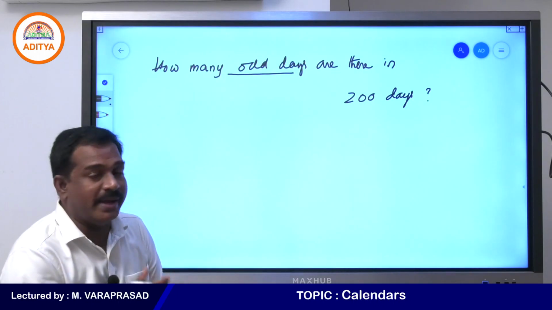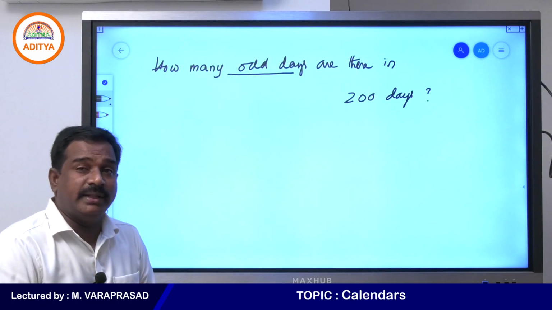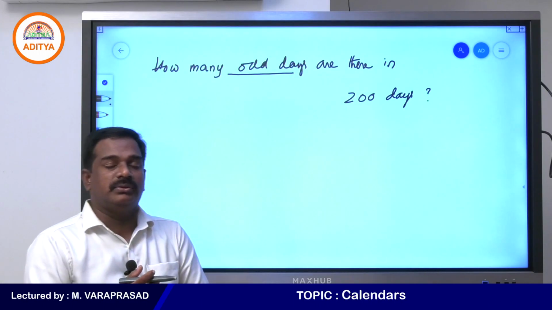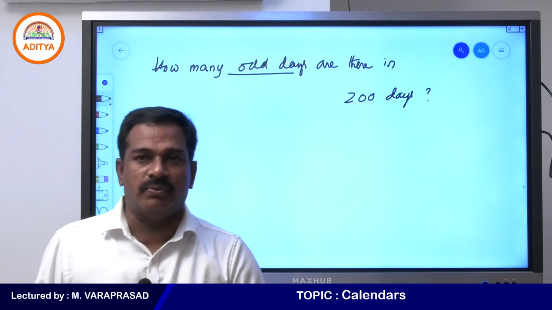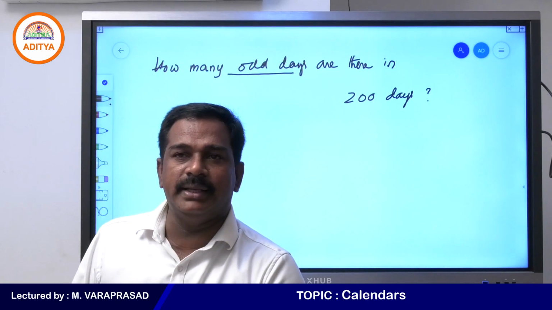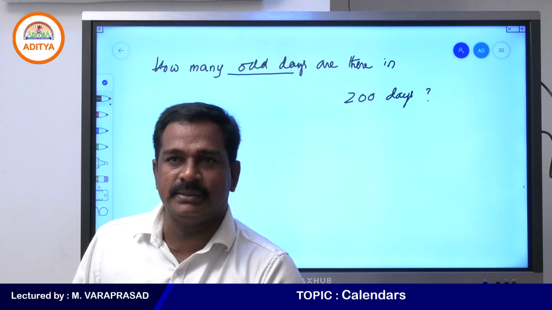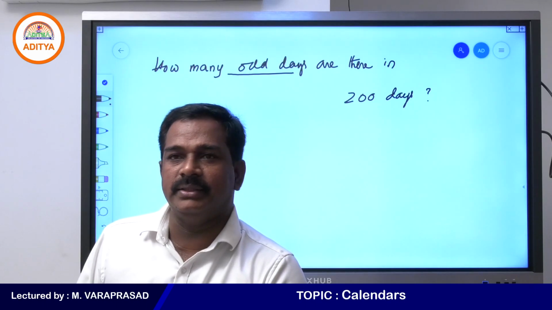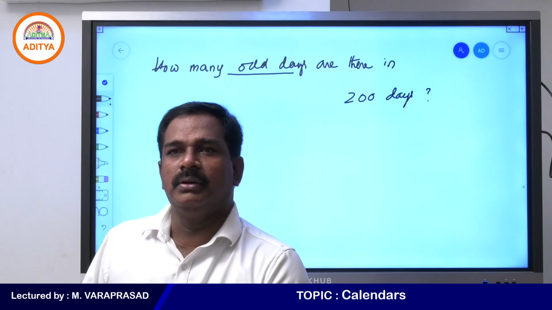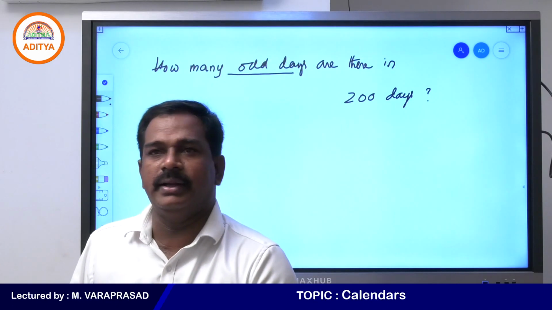Divide the given number by 7, and whatever remainder you get will be called the number of odd days. How many odd days are there in 100 days?